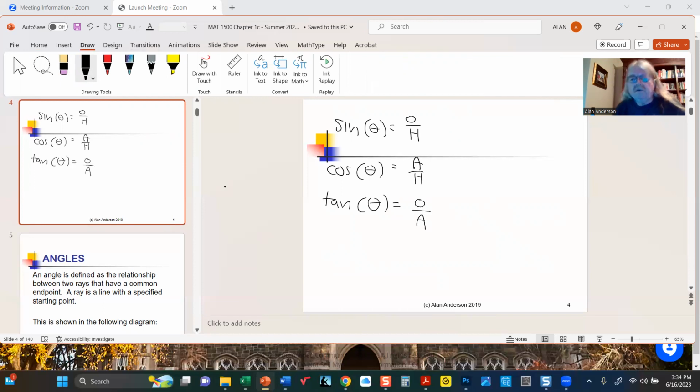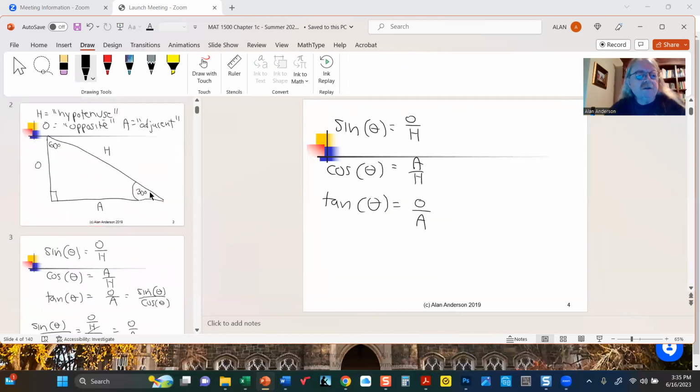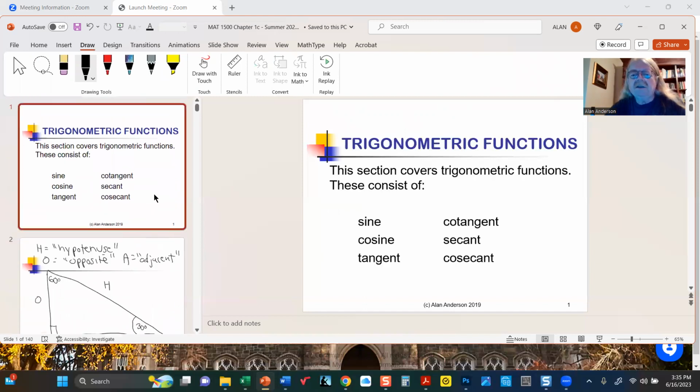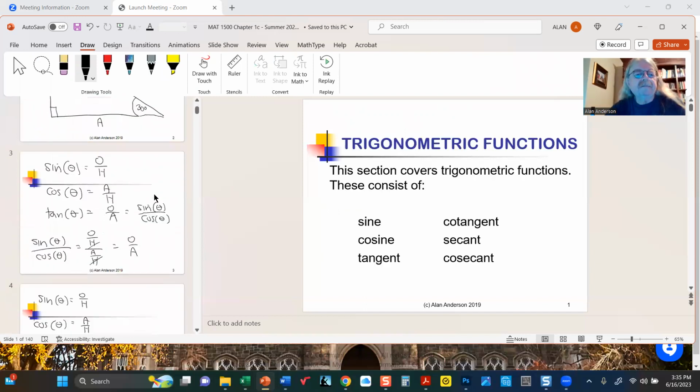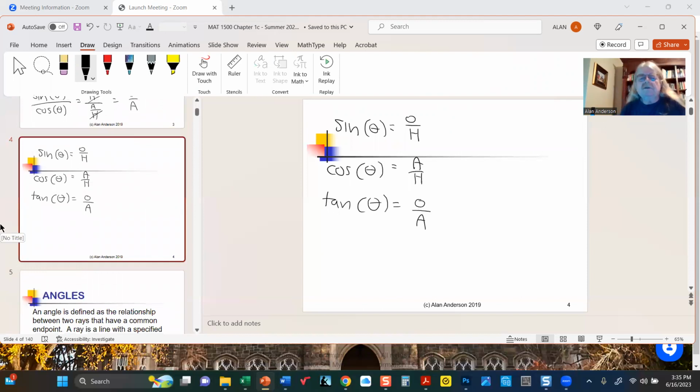Now you recall that there are three more trig functions which are listed up here: cotangent, secant, and cosecant. So it turns out the cosecant, which is abbreviated CSC, is simply the inverse of the sine. The secant is the inverse of the cosine.